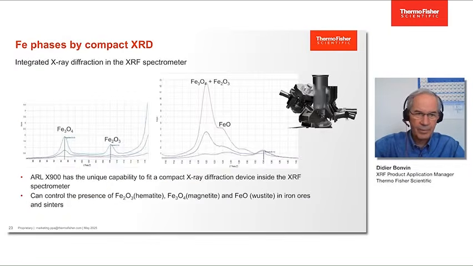Then when we have within the XRF spectrometer an X-ray diffraction capability like we have in the ARL X900, this gives additional capability. That means we are able to get the information about the various iron phases.